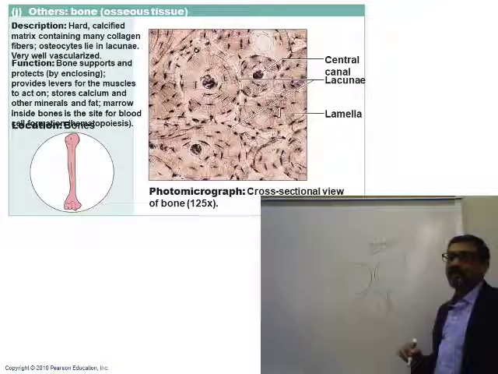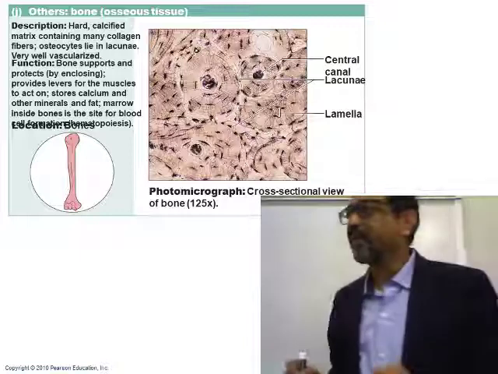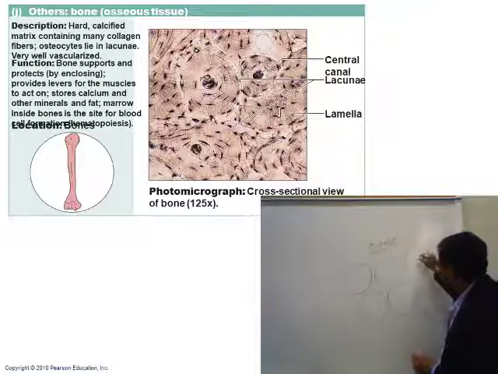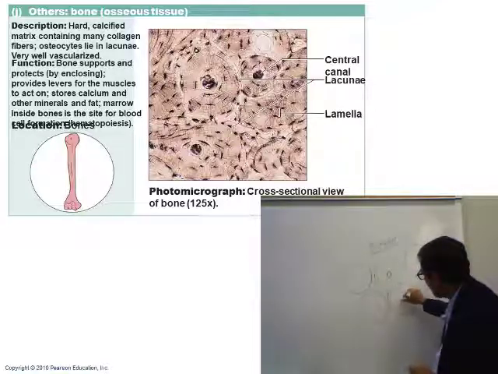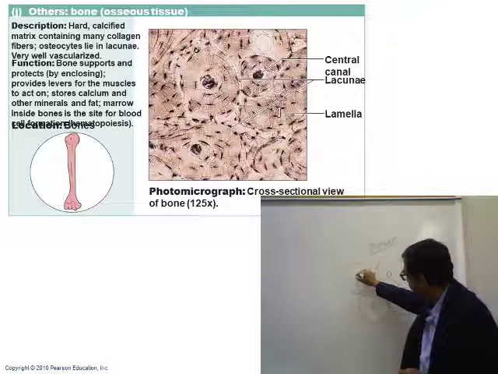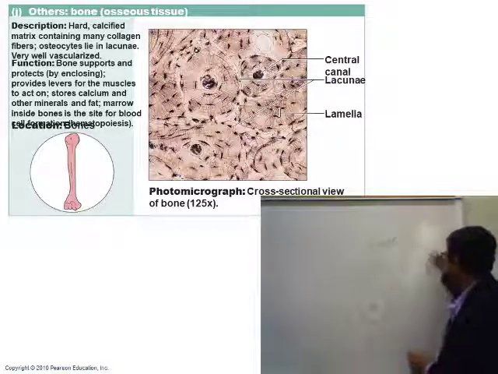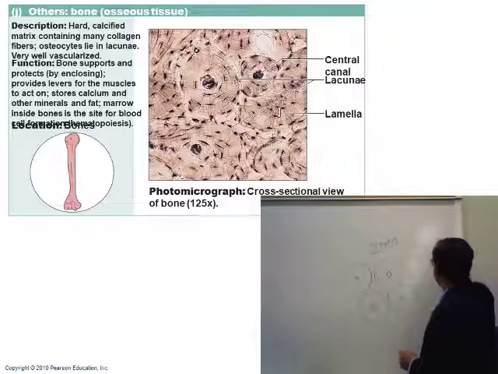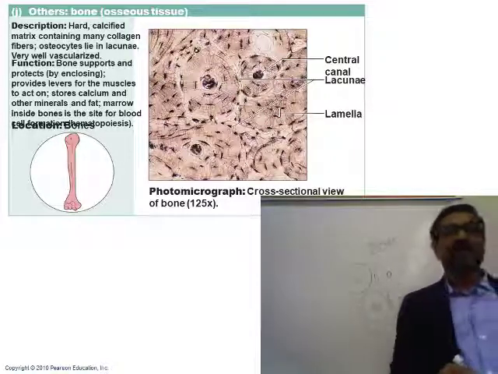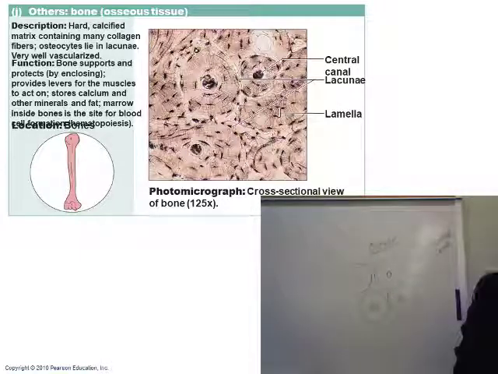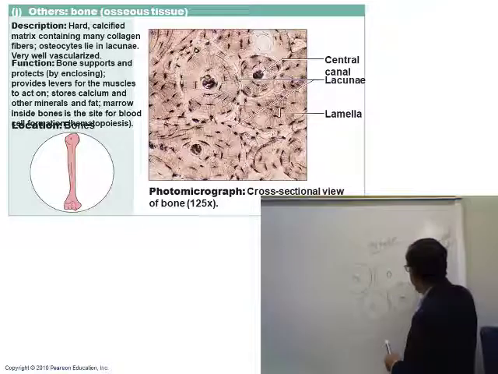Now, if I see the structure of an osteon, in the center of the osteon, you have a canal that is called the central canal. Very simple. Inside the central canal, you will find the blood vessels and nerves.